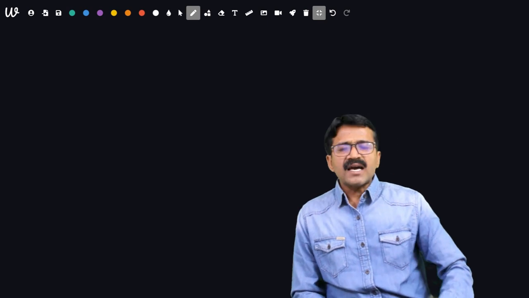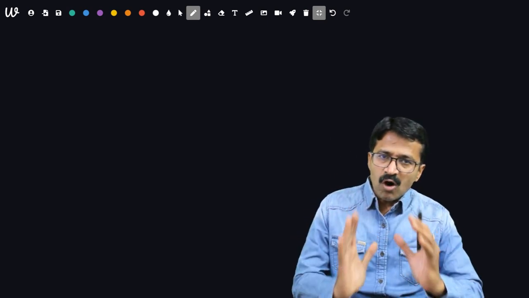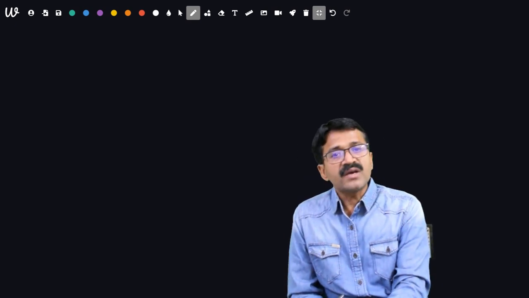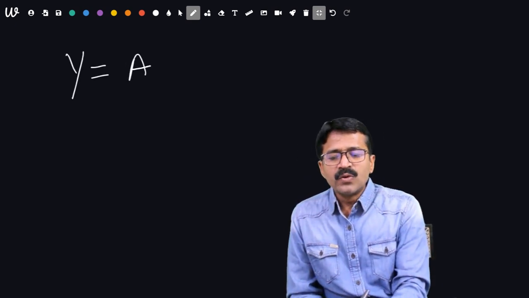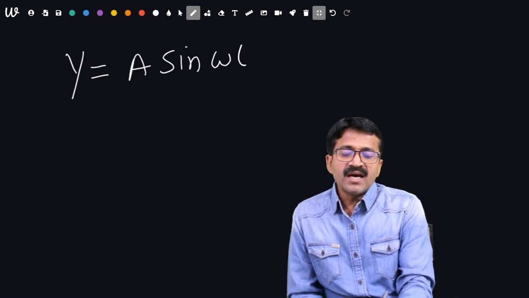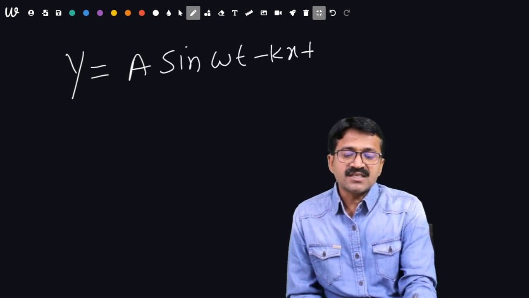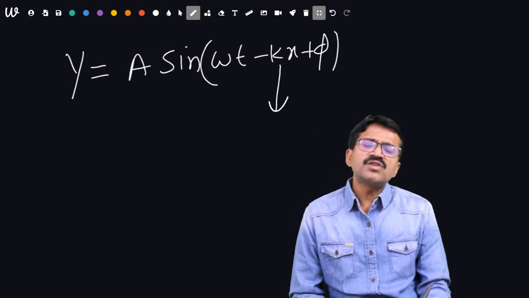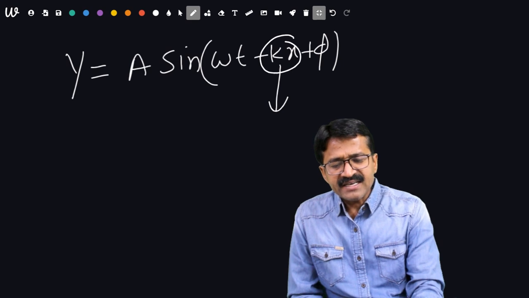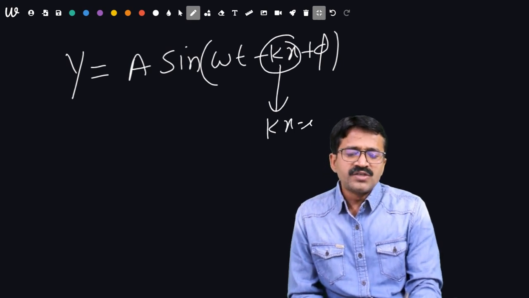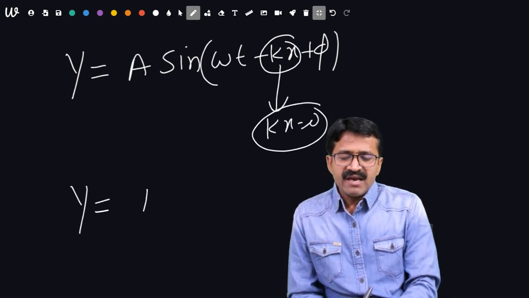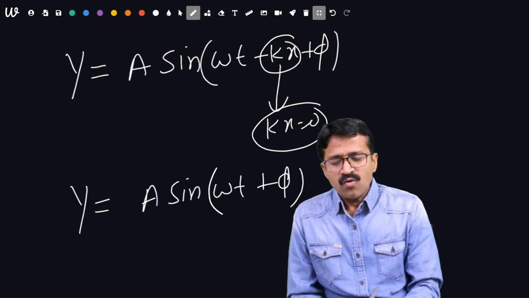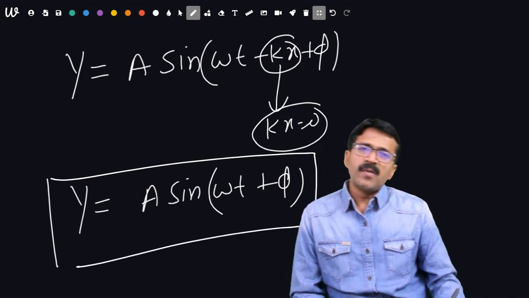Now what about the displacement of a particle in SHM? Displacement of a particle in SHM is given by y = A sin(ωt − kx + φ). Here there is a certain change. We can take kx = 0. Then y will be A sin(ωt + φ) or A sin(ωt − φ) depending upon the condition.